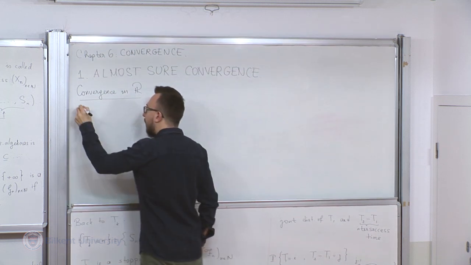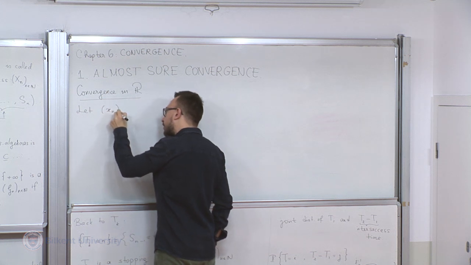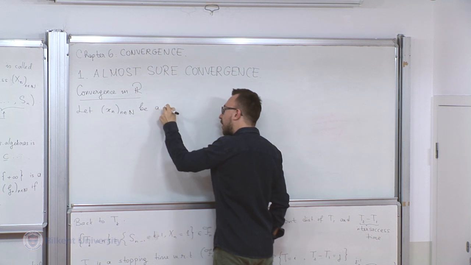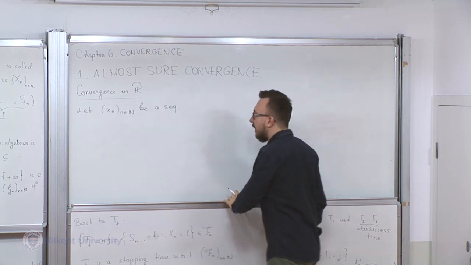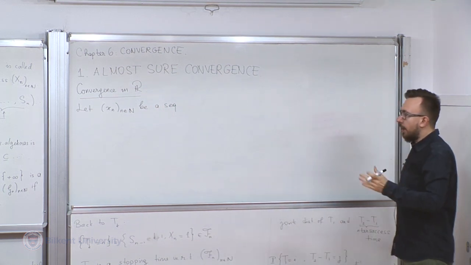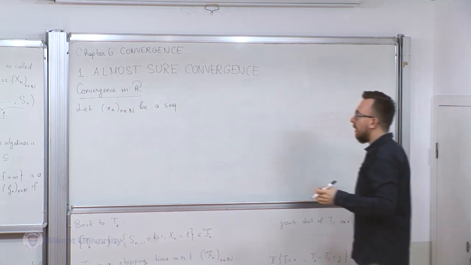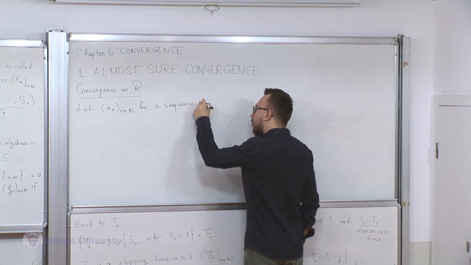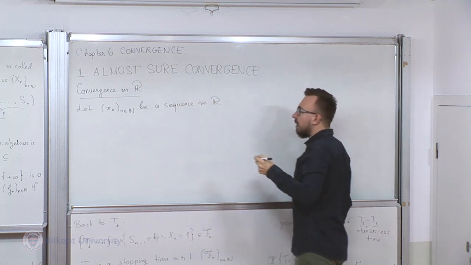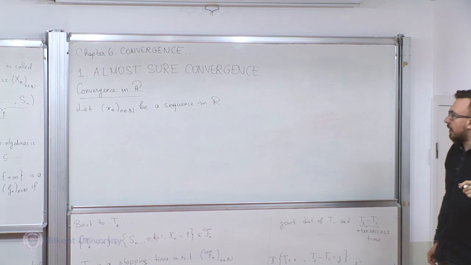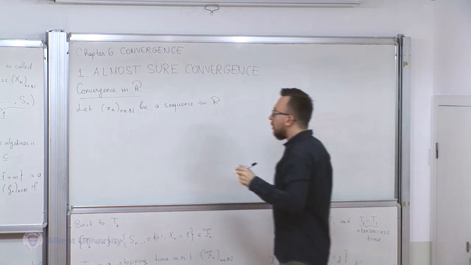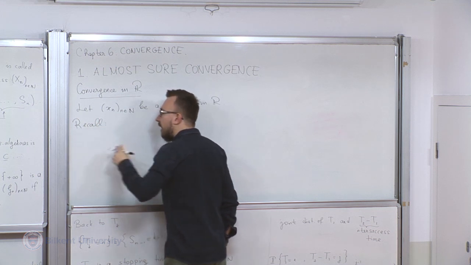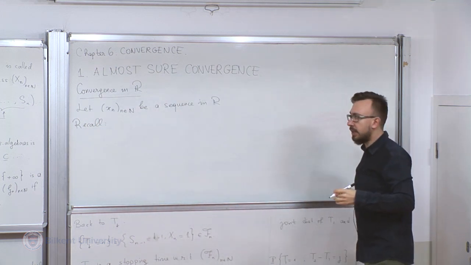So let's say we have a sequence of real numbers, although many of the results I'm going to recall are also valid for extended real numbers. So when I say a sequence in R, this means every member is in R. Recall that we have the relationship between inf, sup, lim inf, lim sup, etc.